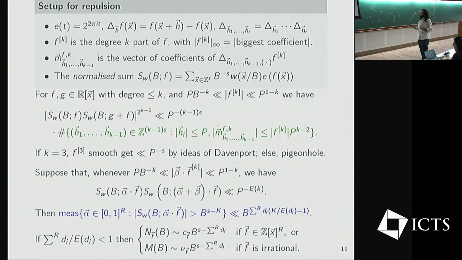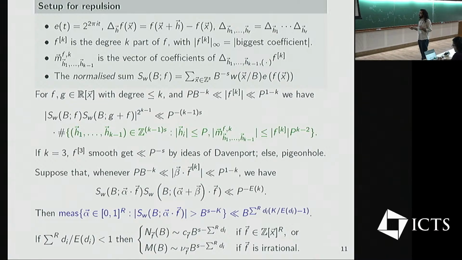And it hands you that provided you can get an upper bound for some other multilinear counting function. This looks very similar to the counting function we had on the previous slide, but it's subtly different. Here, instead of asking for this vector m to be close to a vector of integers, we just ask for it to be small. So this is counting k-1 tuples of integer vectors, such that this vector of multilinear forms is small.